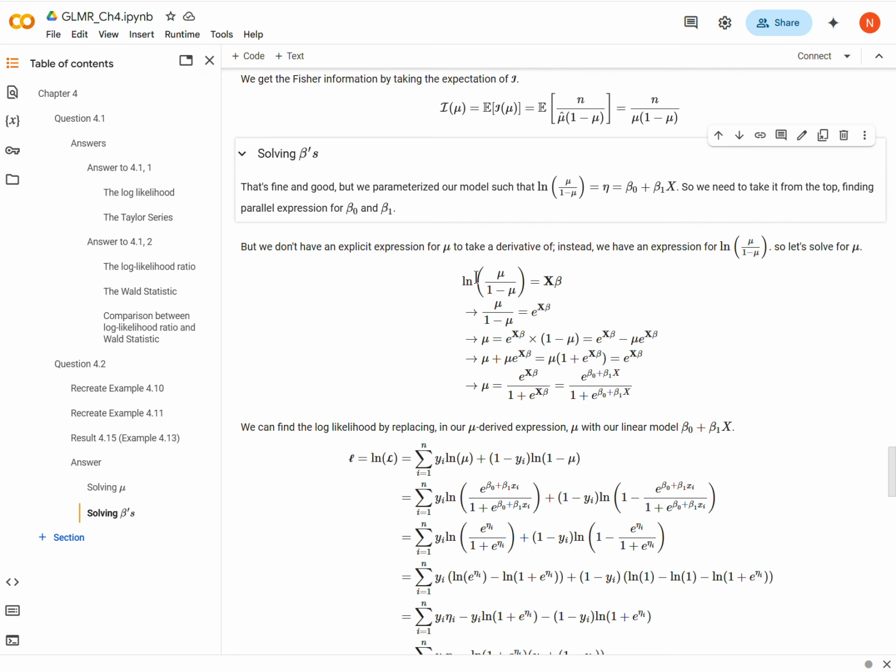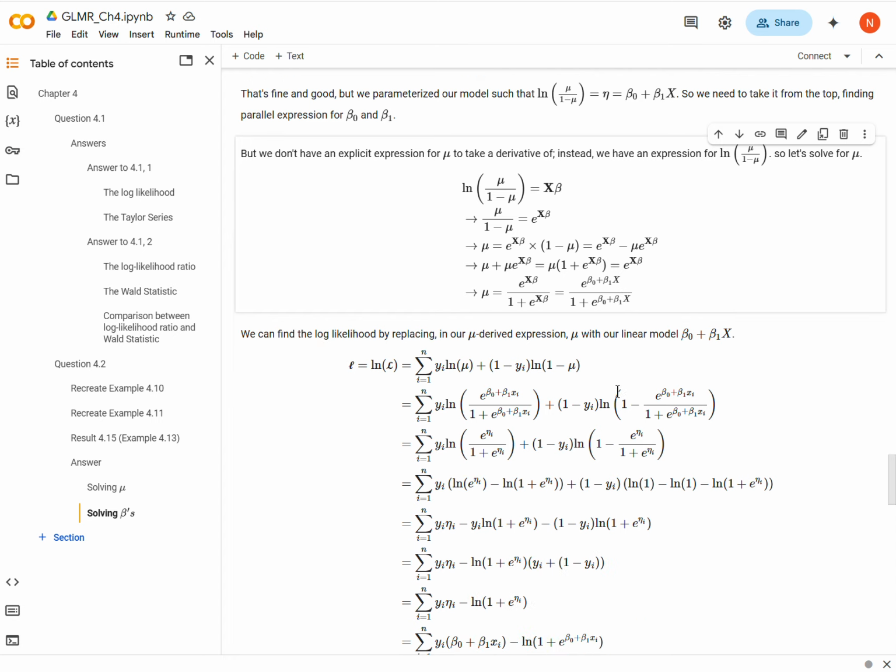I'm using bold X beta as representing the entire linear model. When you try to isolate mu, you exponentiate both sides, and then follow the derivation. But anyway, you come out with mu equaling something like this right here. That's what mu is.